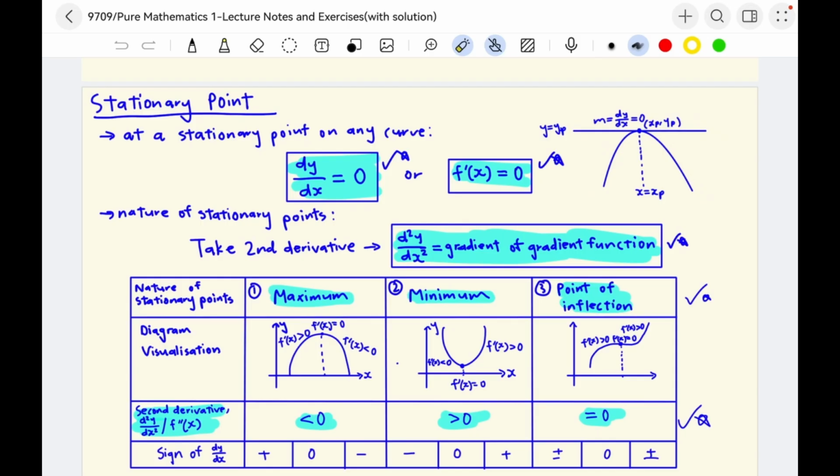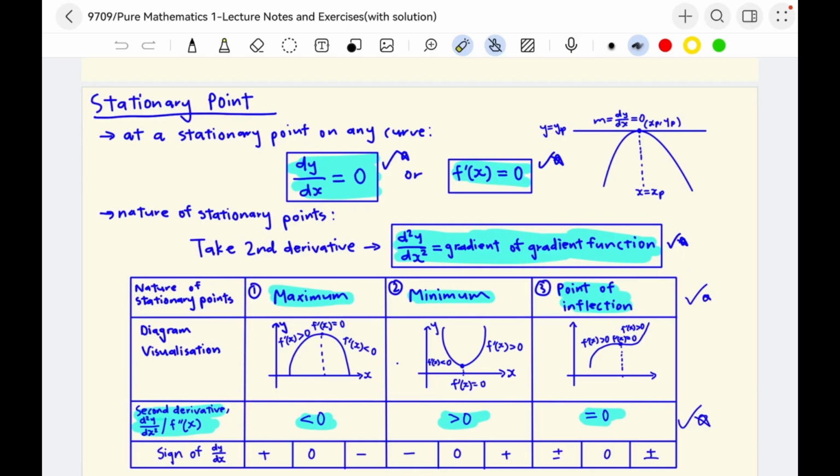In other words, dy/dx is equal to 0, or f'(x) is equal to 0. And as I mentioned before, there is a nature of the stationary points, determined by looking at its second derivative, which is the gradient of the gradient function.